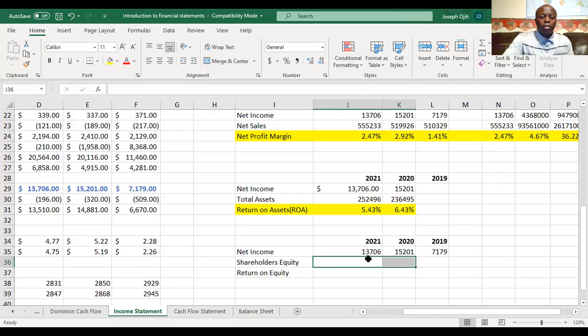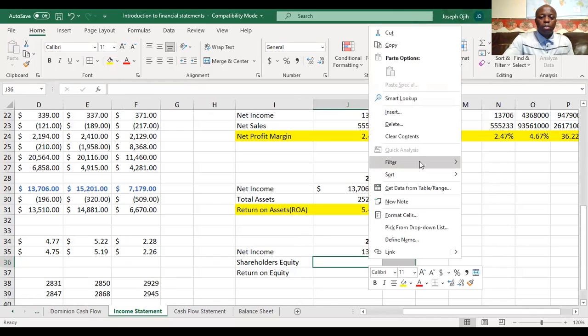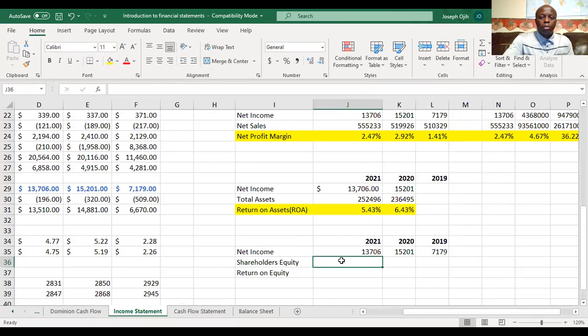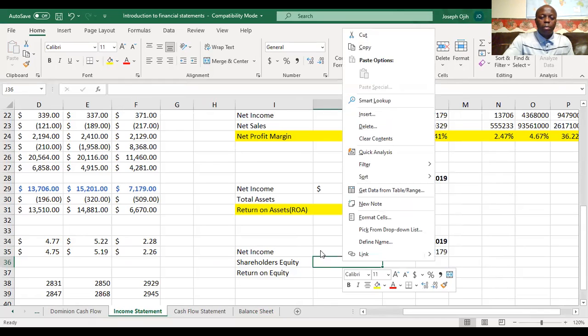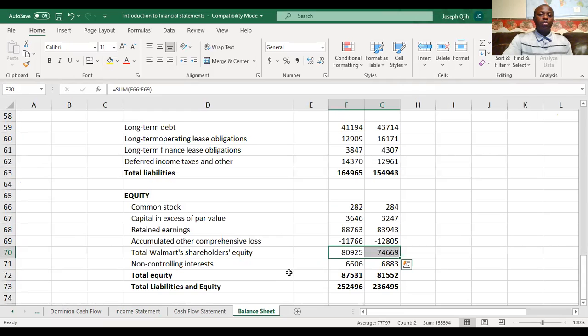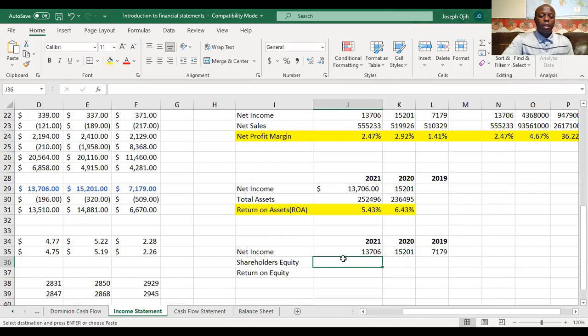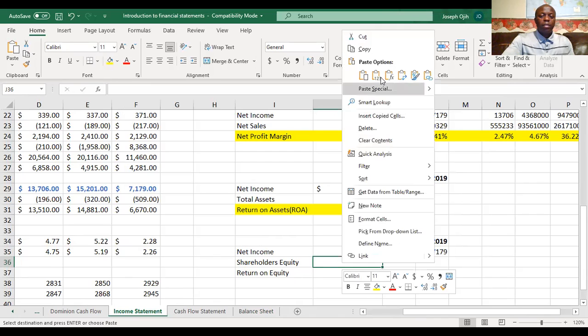I pasted it the wrong way. Okay, good, no problem. Let me take you back. Copy it. Take you right there and paste the numbers, the actual numbers.